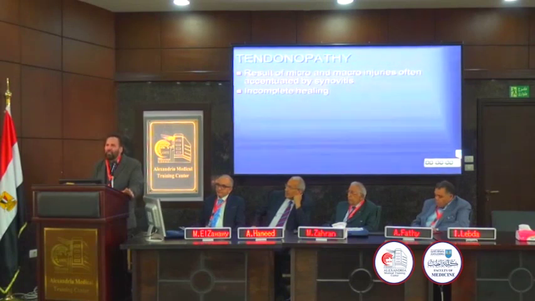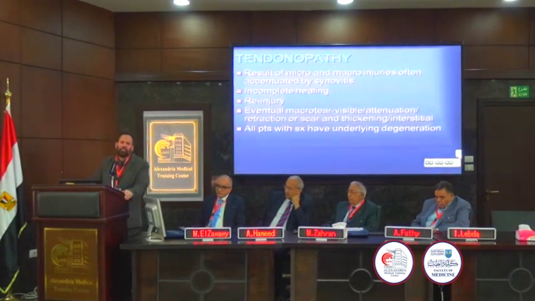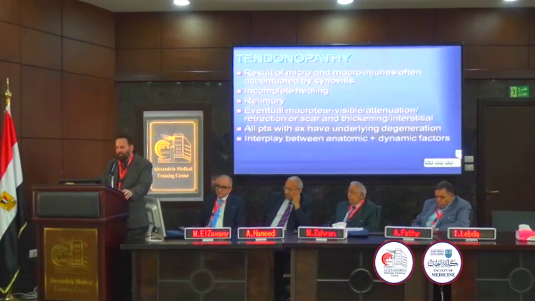Incomplete healing, because there are so few cells, so few tenocytes, that you're predisposed to re-injury because you use your body. And eventually this coalesces to a micro tear. And any patient who has symptoms must have degeneration, and sometimes that degeneration is hard to see on imaging.